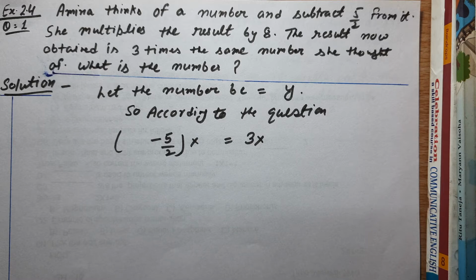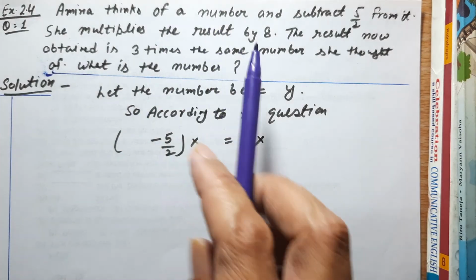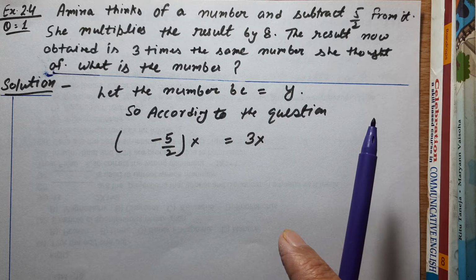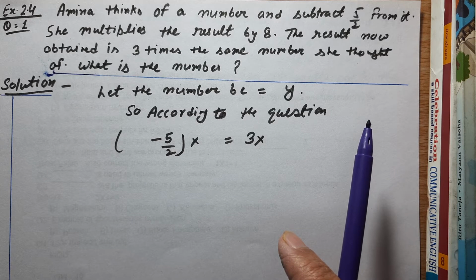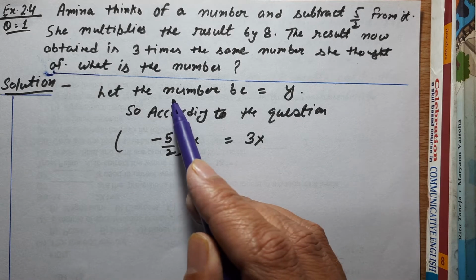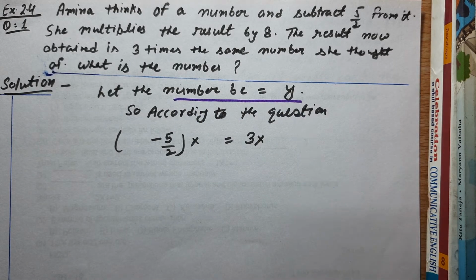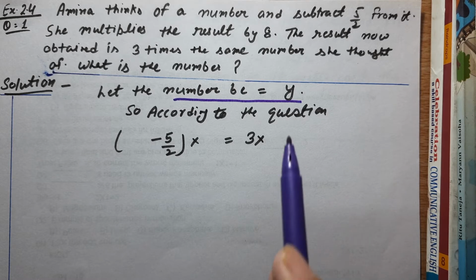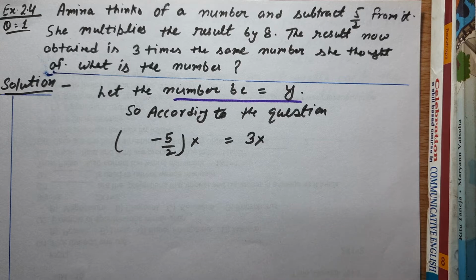The statement says Amina thinks of a number and subtracts 5 upon 2 from it. Every time I suppose x, today we will suppose let the number be y, because she has thought of a number. Subtract 5 upon 2 from it.